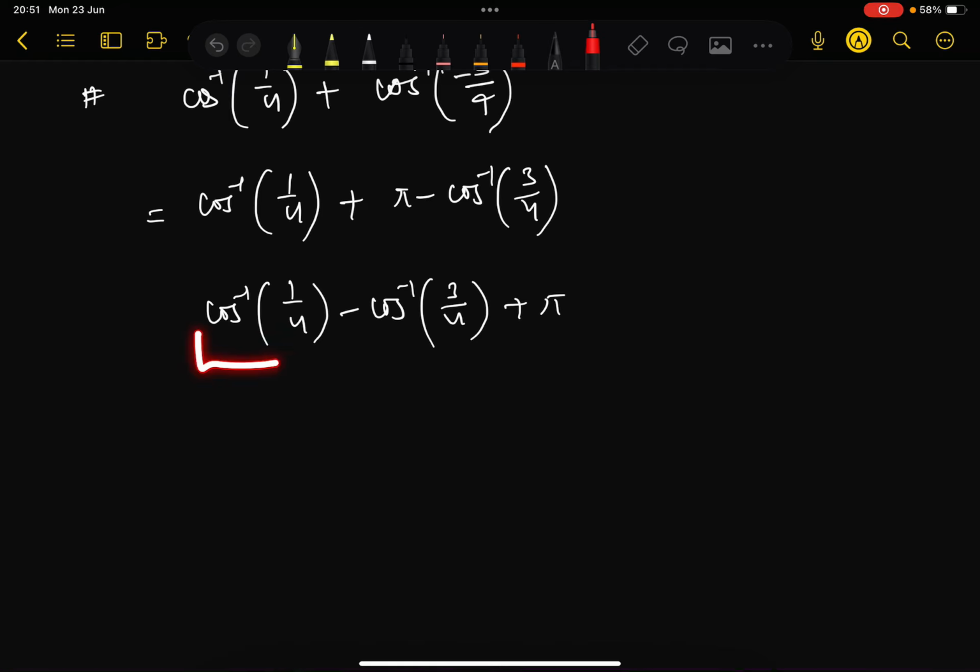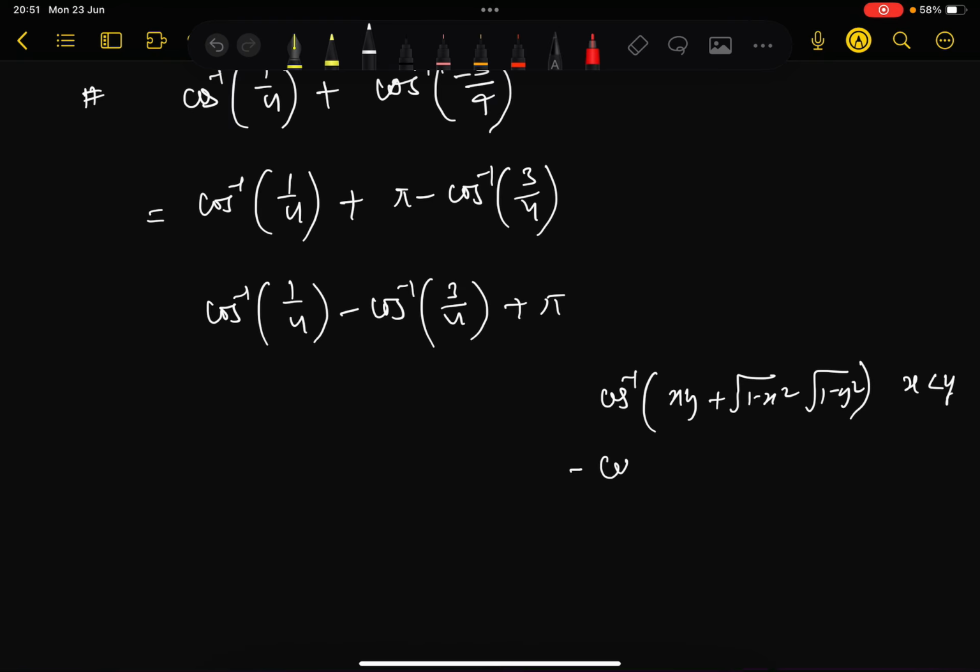As we have discussed, this is cos, so there are two formulas here. The first is cos inverse of xy plus root of 1 minus x square into root of 1 minus y square, if x is less than y. The second one is minus cos inverse of xy plus root of 1 minus x square into root of 1 minus y square, if x is greater than or equal to y.